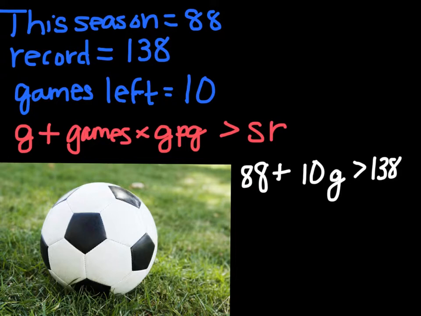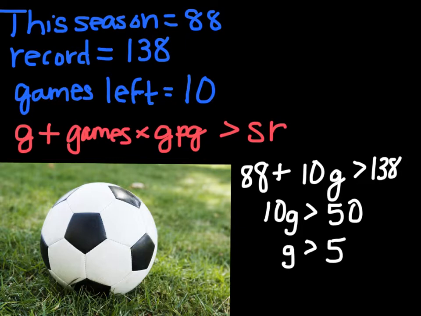So let's begin by subtracting 88 from each side, giving us 10G is greater than 50. Then we need to divide each side by 10, which tells us that our team needs to score a minimum of 5 goals at each game in order to break the record.